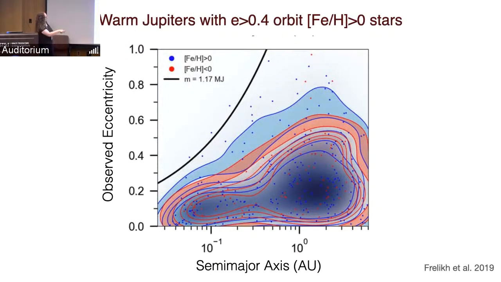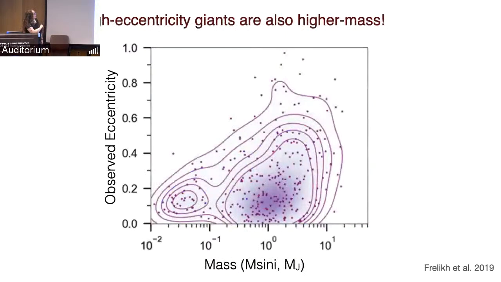Okay, this is just another way of looking at this, where you can go with semi-major axis and eccentricity, and you can see that there's a sort of higher envelope of eccentricities for the higher metallicity stars. So you can say, oh, well, we should look at the low metallicity stars. Maybe we should. But even those, they're still like Jupiters, like over here. We don't know what's going on with those systems. I do think we should look at lower metallicity stars if we have a choice.